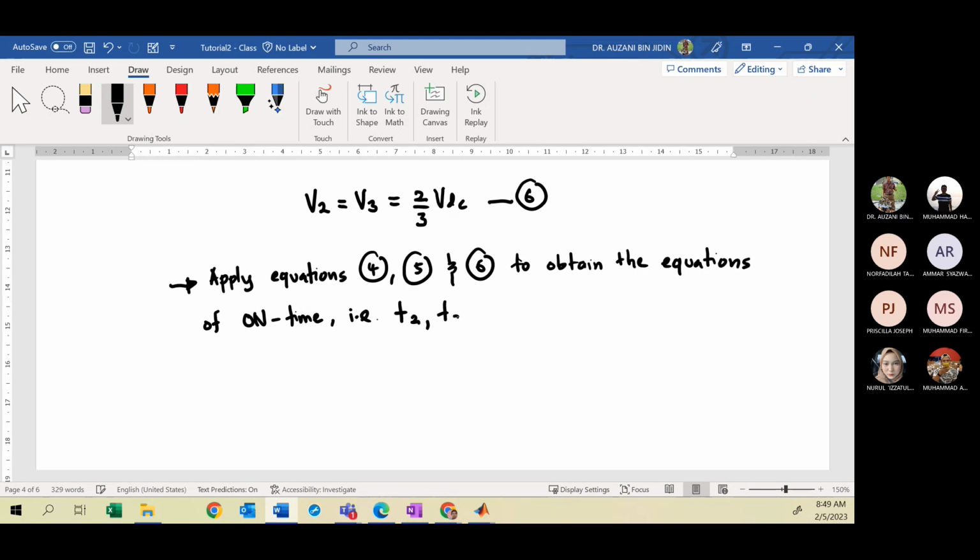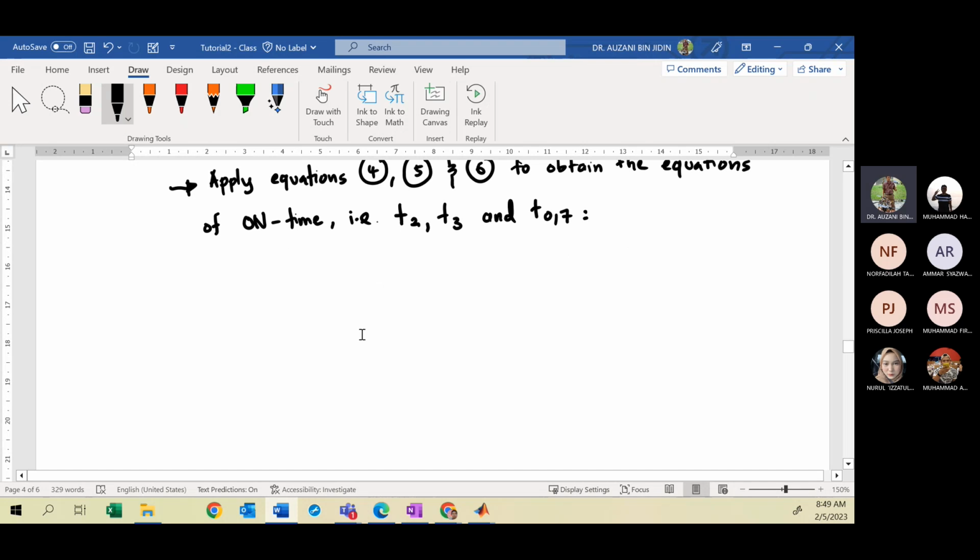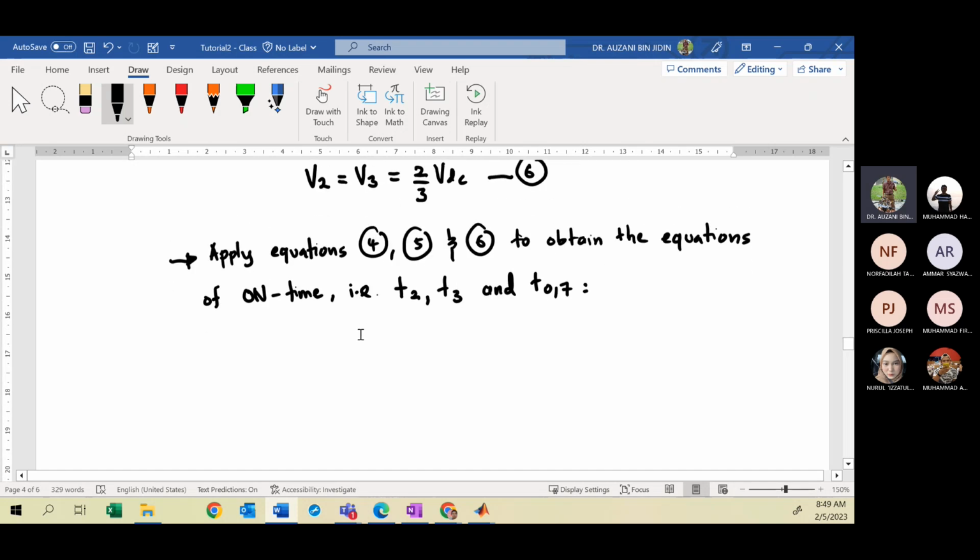T2, T3, and then you apply these three equations 4, 5, and 6.